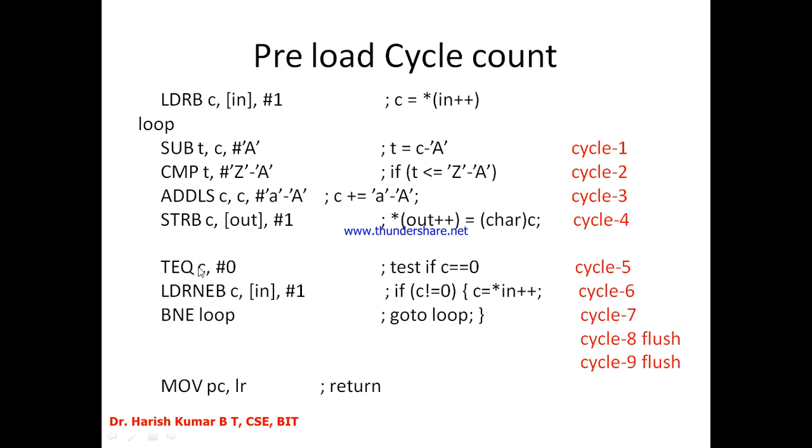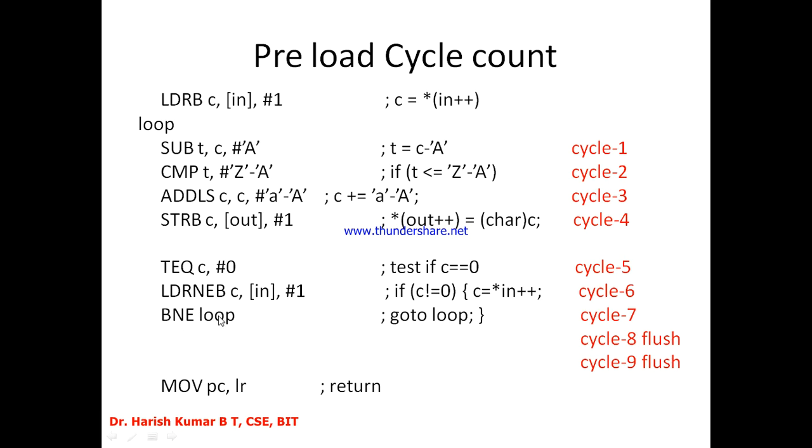I don't require the stall because this is not dependent on this. This is also reading C and this is also reading C. Any number of instructions can simultaneously read. And that is also getting executed in the very next clock cycle. It is getting executed now, and this instruction is executing in the 6th clock cycle.